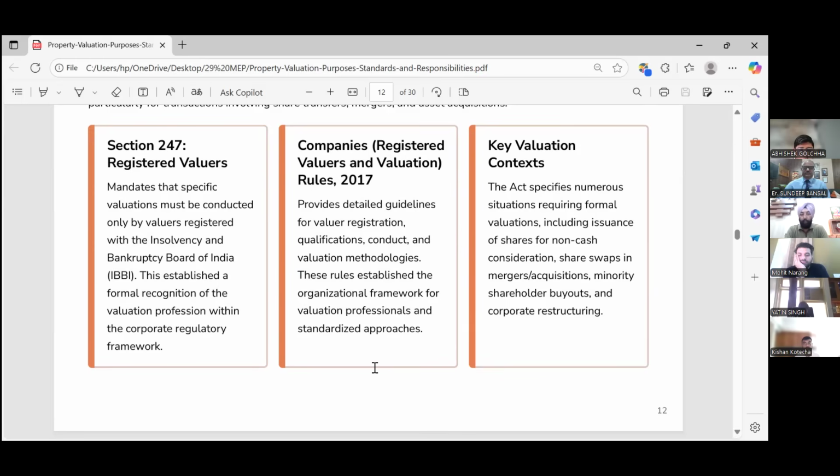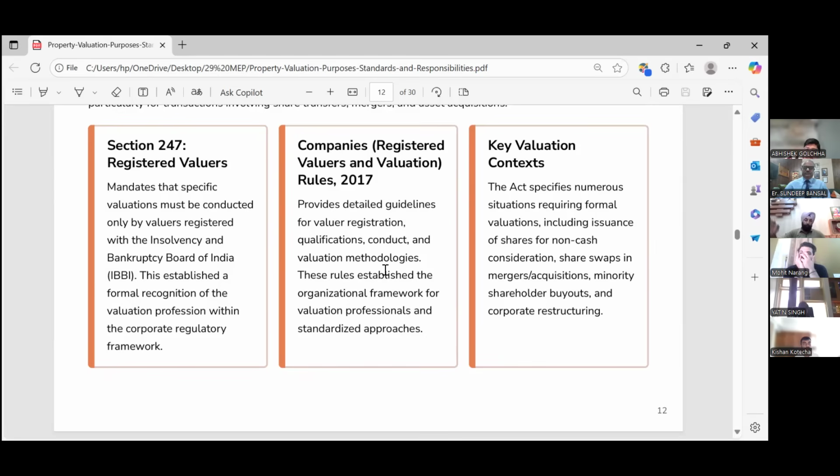The rules provide detailed guidelines for valuers' registration, qualification, and valuation methodologies. These rules establish the organizational framework for valuation professionals and standardized approaches. This Act basically specifies numerous situations requiring formal valuation, including issuance of shares for non-cash consideration, share swaps in mergers, acquisitions, minority shareholder buyouts, and corporate restructuring.